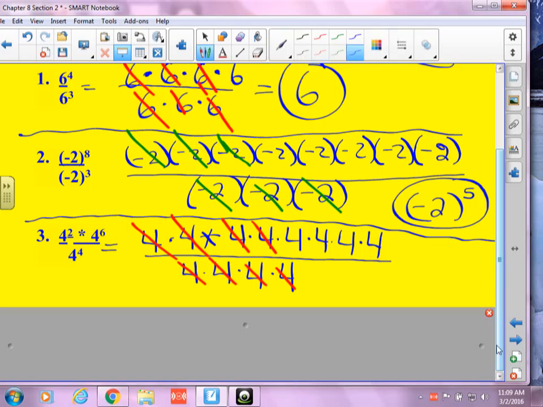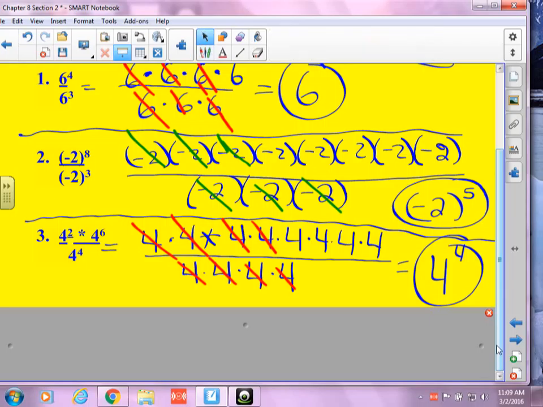I end up with 4 to the... Notice how even though I have that little star in between them, it doesn't affect what I'm doing. Also notice that the bases are the same. So I've got 4's going all the way across in the numerator and the denominator.